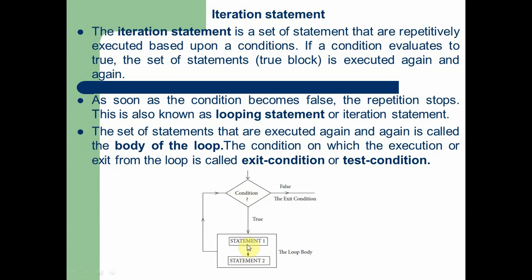After executing, it again goes to the condition and checks whether it is true or false. If the condition is false, it exits from the loop. If the condition is true, the same process of executing the true block happens again and again. That's why this statement is called an iteration statement or loop statement.